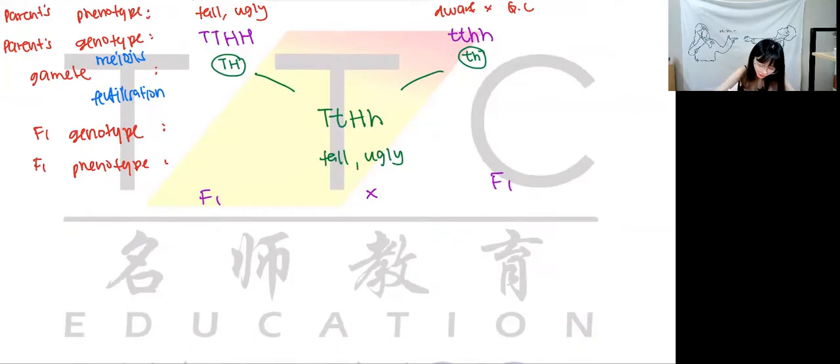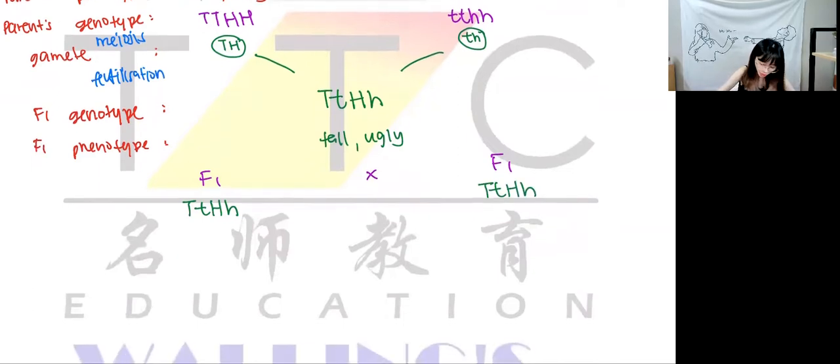Now, F1 times F1 means what? It means that we have to use big T, big H, small h times big T, big H, small h. Okay, because it is F1 times F1, right? And then we're going to find the F1 gametes. This is, sorry, F1 genotype, forgot to write this one. And then we have F1 gametes.